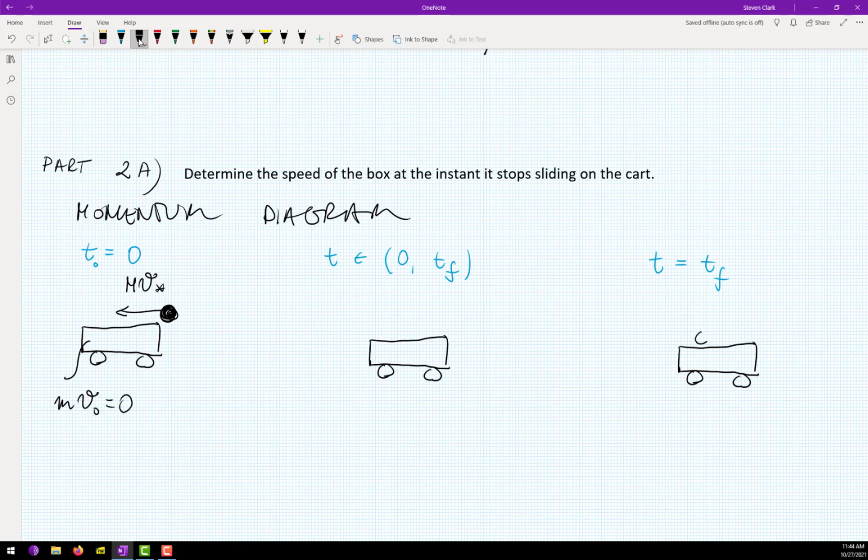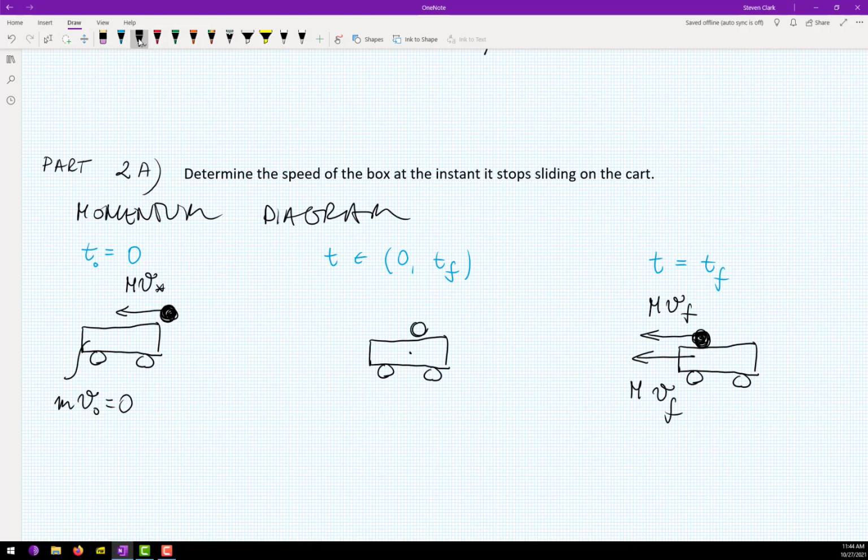Then at the end, we have these two guys going together, so that would be mv final. And what forces act on our system?